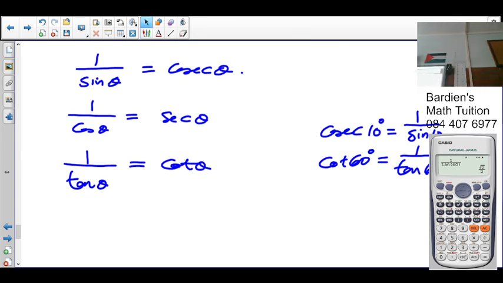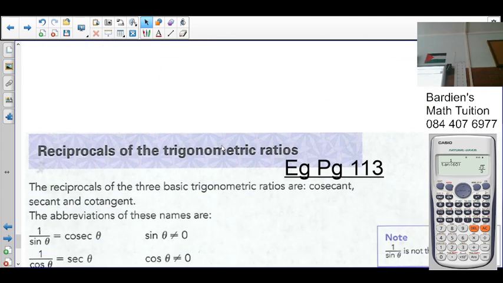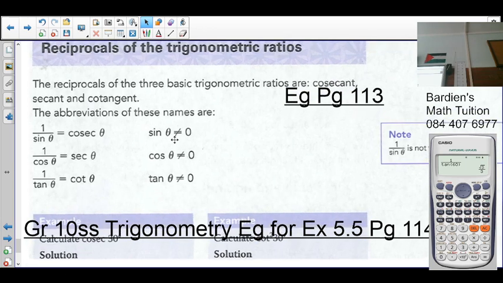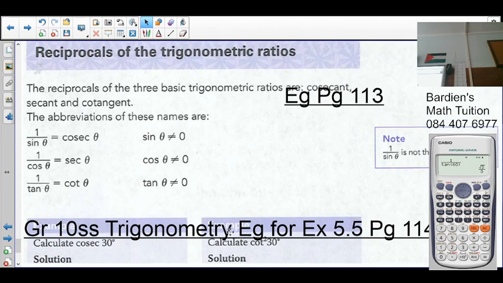So let's look at the examples that they give you. Did you write this down here? No, sir. Write it down quickly. Reciprocal trig ratios.